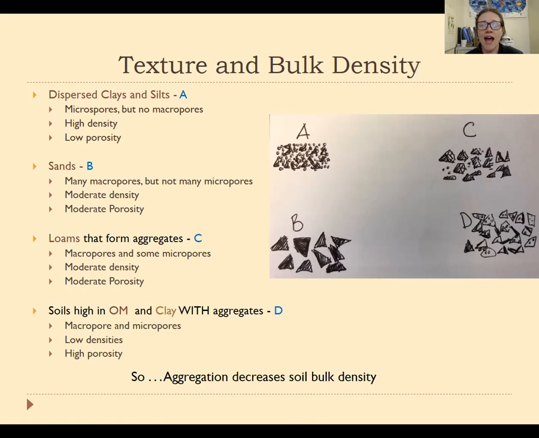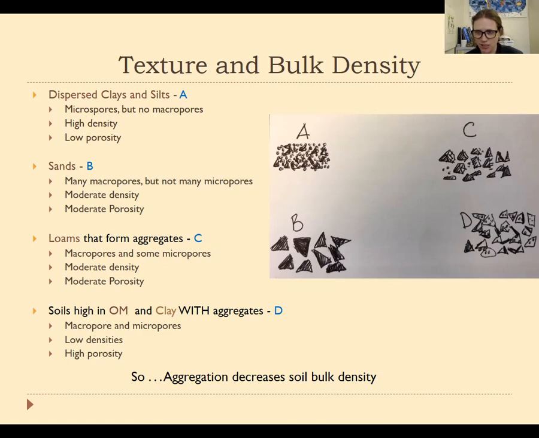Okay, then loams. Remember, loams are those soils that have a mixture of sand, silt, and clay, all the different soil particle types. If those loams are healthy loams that are able to form aggregates due to the presence of organic matter, limited soil disturbance, healthy soil fungal communities, etc., then you'll see some little aggregates forming.